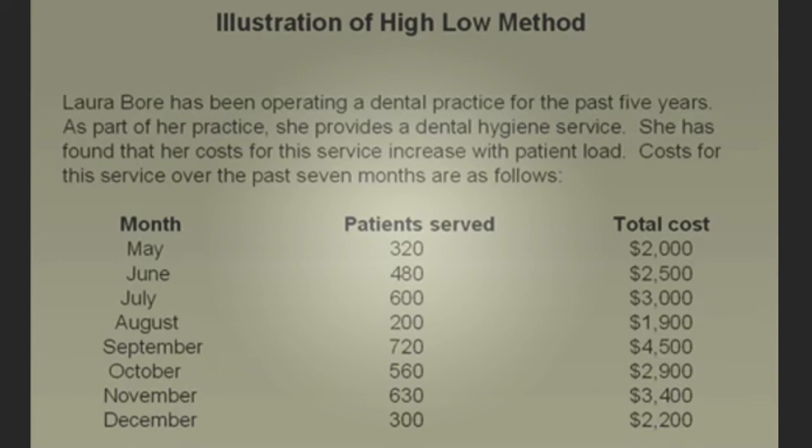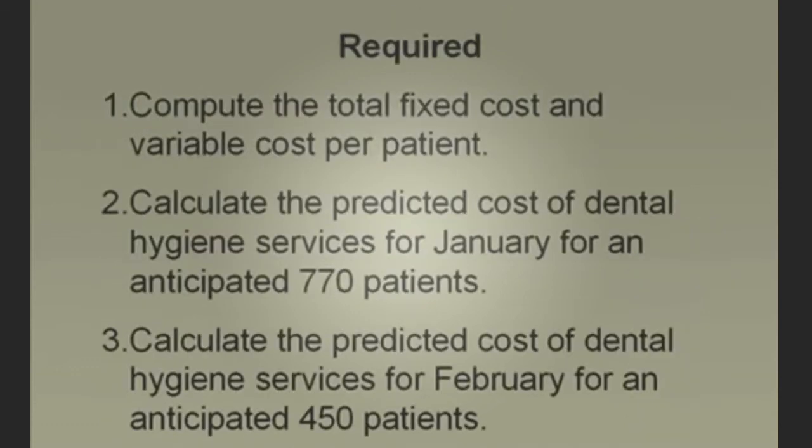Laura Bow has been operating a dental practice, and she's got information from May to December. And you can see the patients served, and you can see the total costs. The questions based on this information are: number 1, compute the total fixed cost and variable cost per patient.